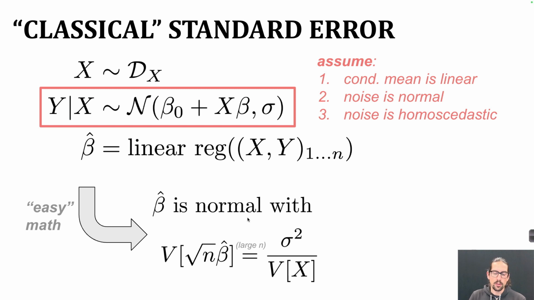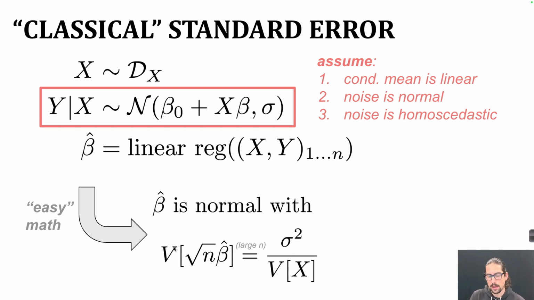But suffice to say, you do the math, and given these assumptions, you can prove that this coefficient estimate is normally distributed, which is great because that verifies our intuition that we saw in that simulation. And moreover, we actually get a formula for the asymptotic variance.